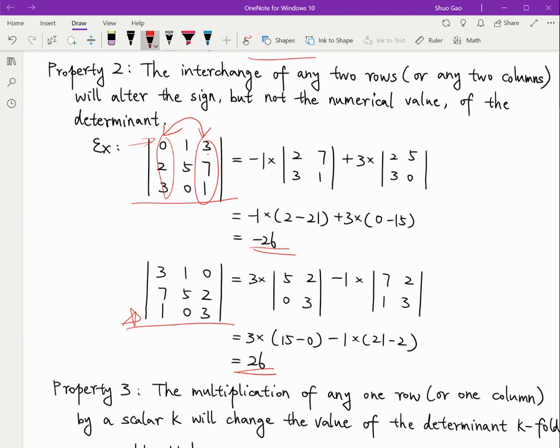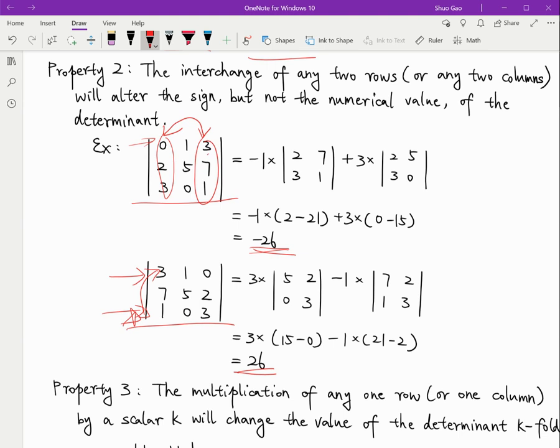And also, if we interchange the rows, for example the first row and the third row, it should be the same result, right? The determinant will change from minus 26 to 26. So if you interchange any two rows or columns, it will not change the absolute value, but it will alter the sign of the determinant.